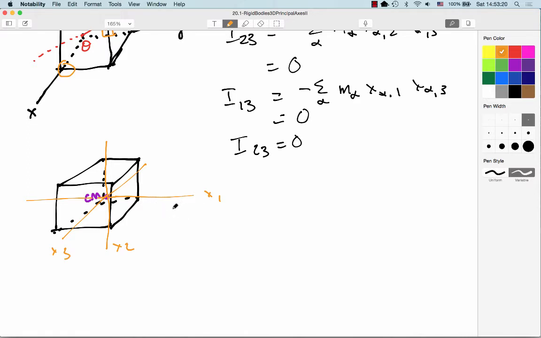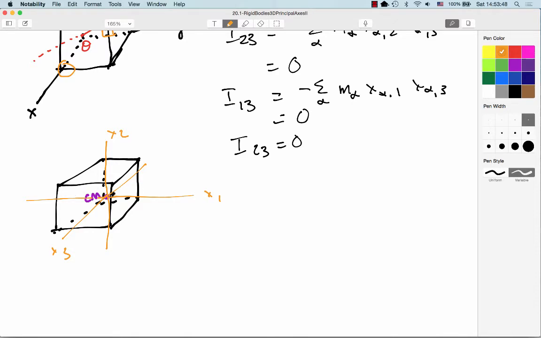Let me relabel my x2 correctly. Whoops. There, much better. Alright, so clearly with this choice of x1, you've got matching pairs of points above and below, so that's going to make my I23 vanish.